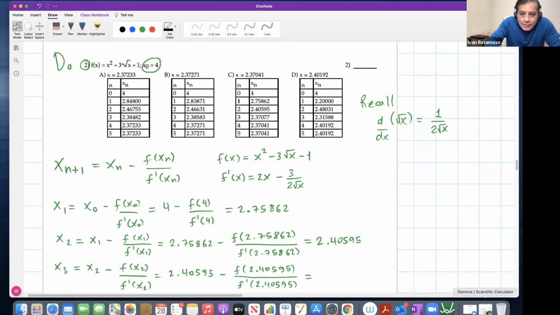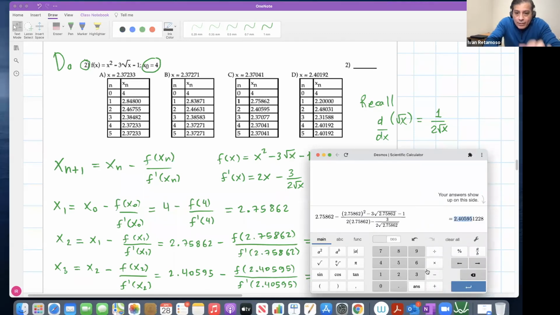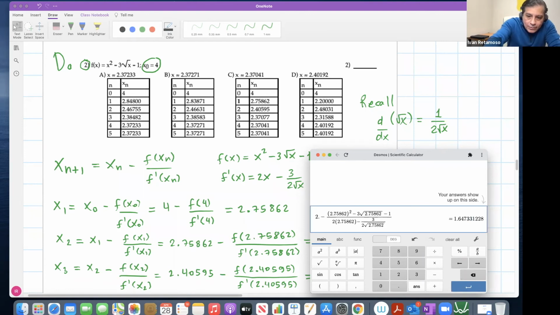For that, I bring back my previous computation, and all I do is change this number for the new input, 2.40595. Then I copy this and paste it every time it appears. Let's work efficiently.